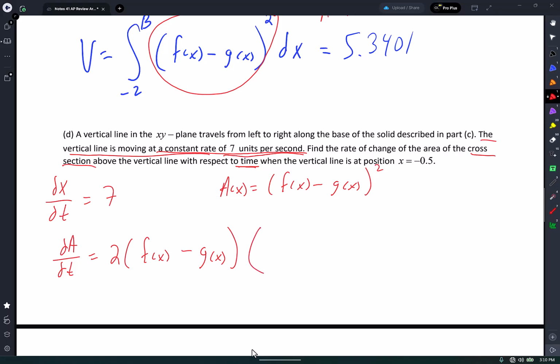I just messed up there. All right. 2 times f of x minus g of x to the power 1 times the derivative of the inside, f prime of x. But am I taking this derivative with respect to x or with respect to t? dx/dt. Put it right next to it. It's not an x. I'm taking it with respect to t. Minus, what's the derivative of g? G prime of x. And then what do I put next to it?